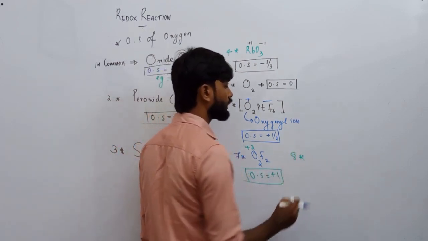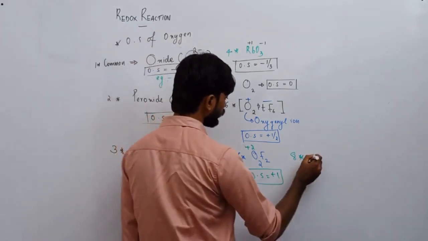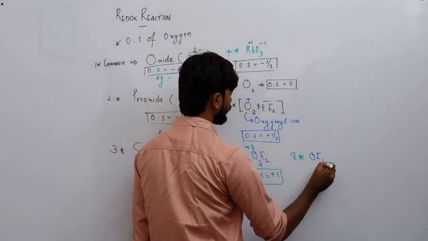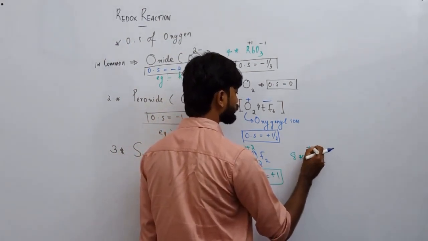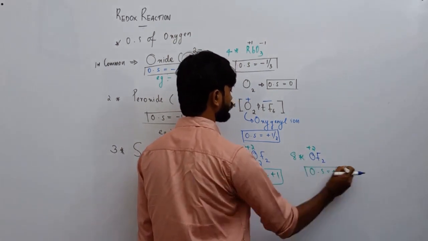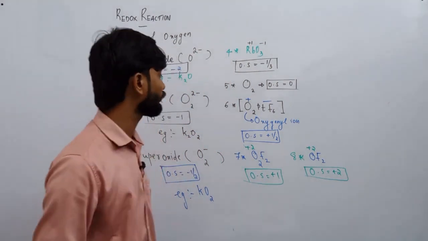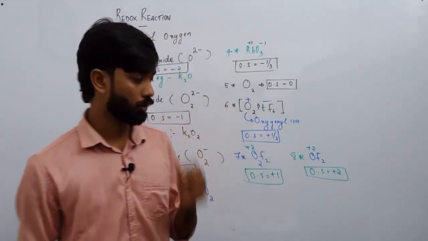Another compound where oxygen exists in a positive oxidation state is OF2, oxygen difluoride. Two fluorines offer -2, so the oxygen should be +2. So these are the different, typical oxidation states shown by oxygen.